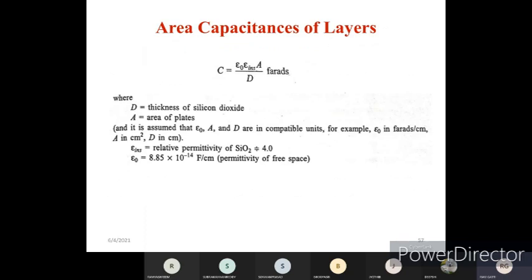Now one more important basic parameter that we are going to measure is the area capacitance. Why do we need to study area capacitance? Because of the fabrication process of your NMOS or PMOS. Let's say the NMOS fabrication process.